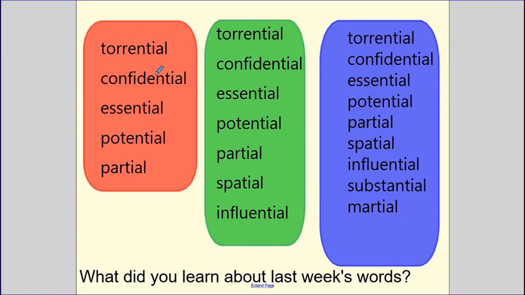How did you know which shul ending to put at the end of these words? What was your strategy to help you figure out which suffix, which spelling of the cial sound goes at the end? Have a little think, maybe take a little look back at your notes from last week.